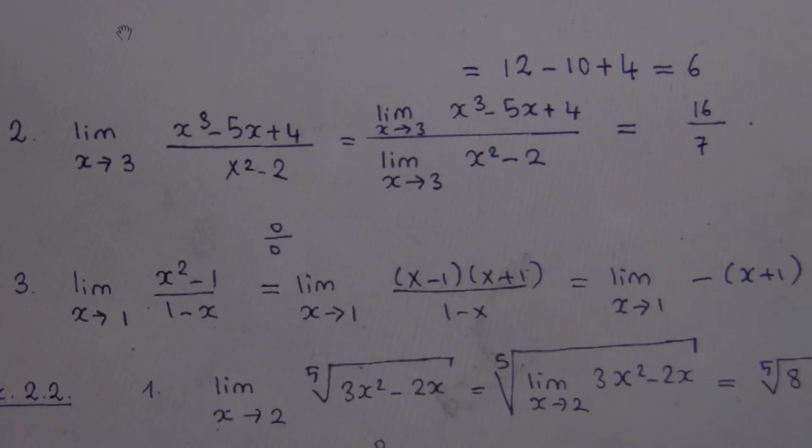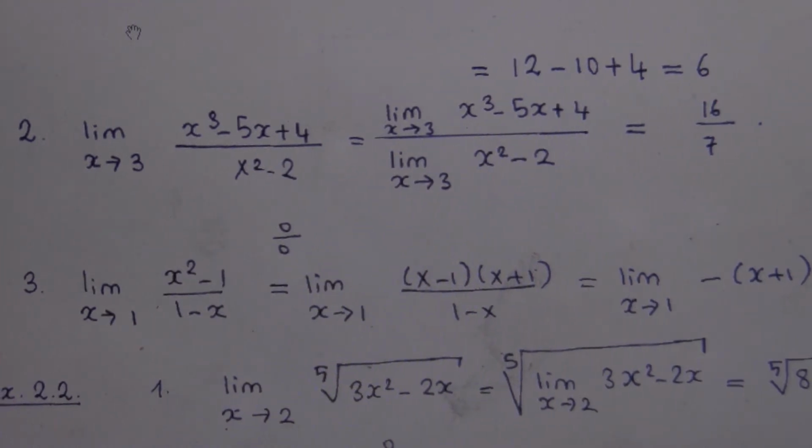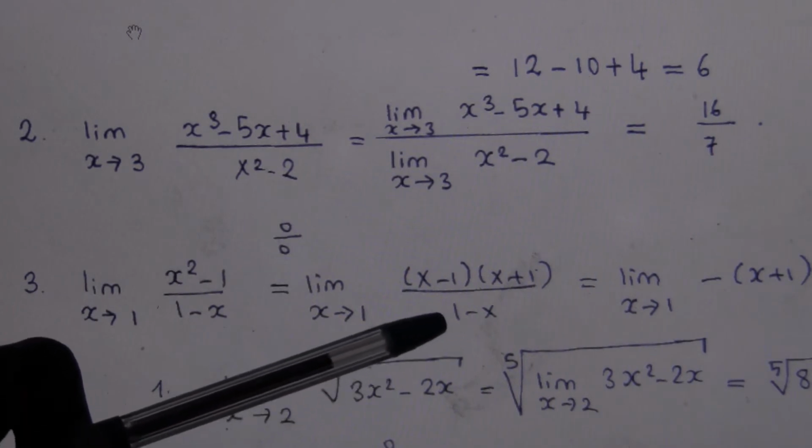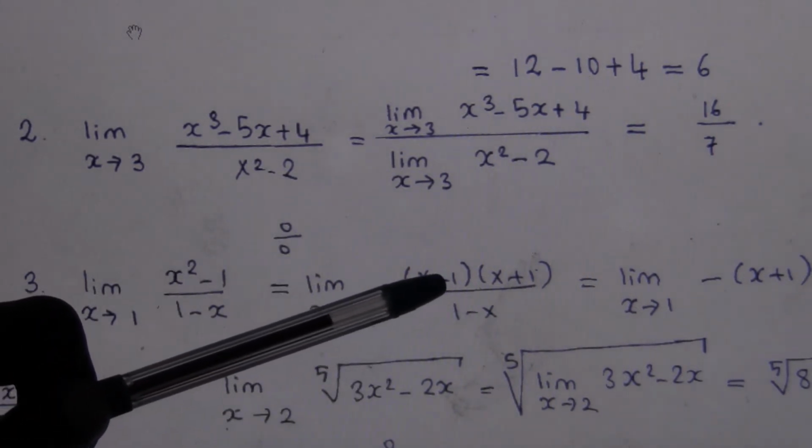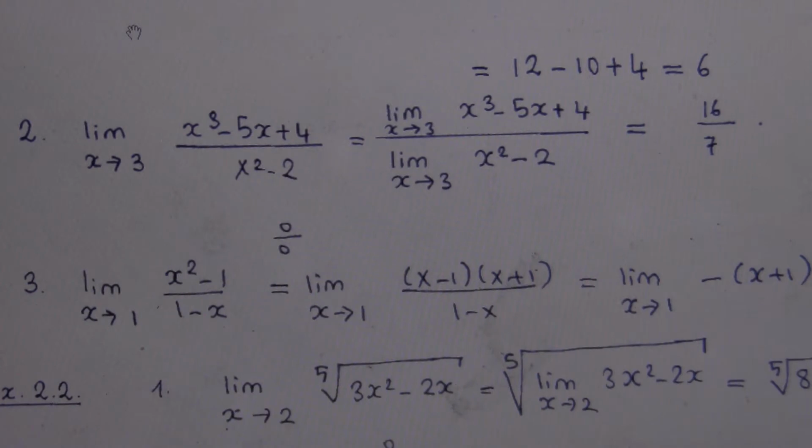Alright. Now the problem is you have a 1 minus x here and x minus 1 here. This is just a small trick people do in maths in general. Instead of saying 5, you can express 5 as negative of negative 5.